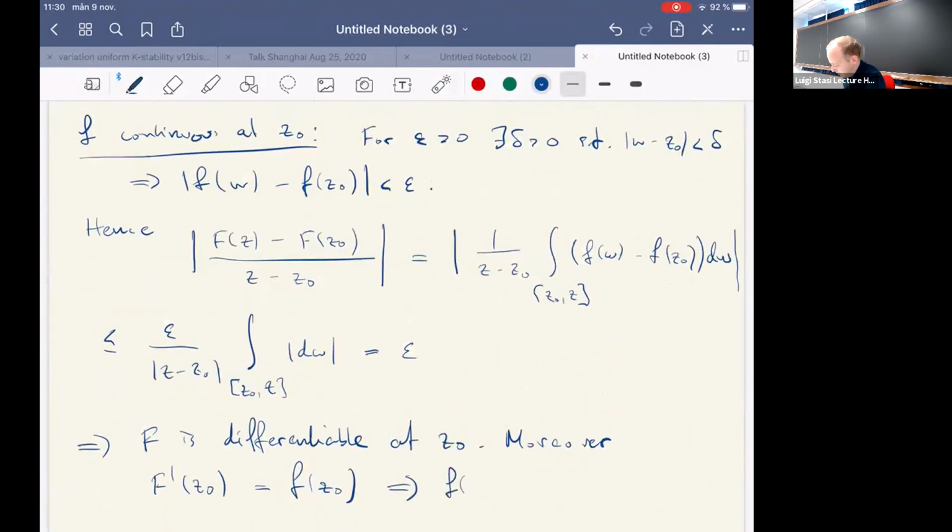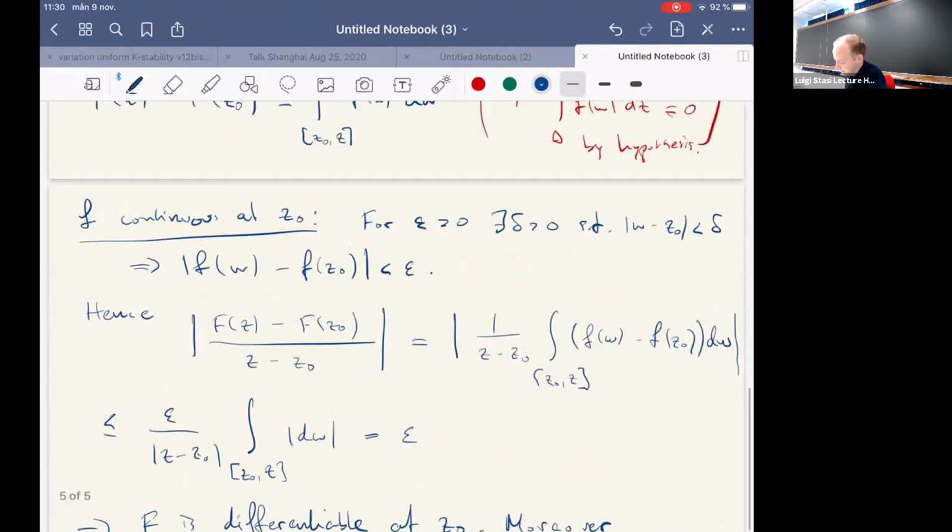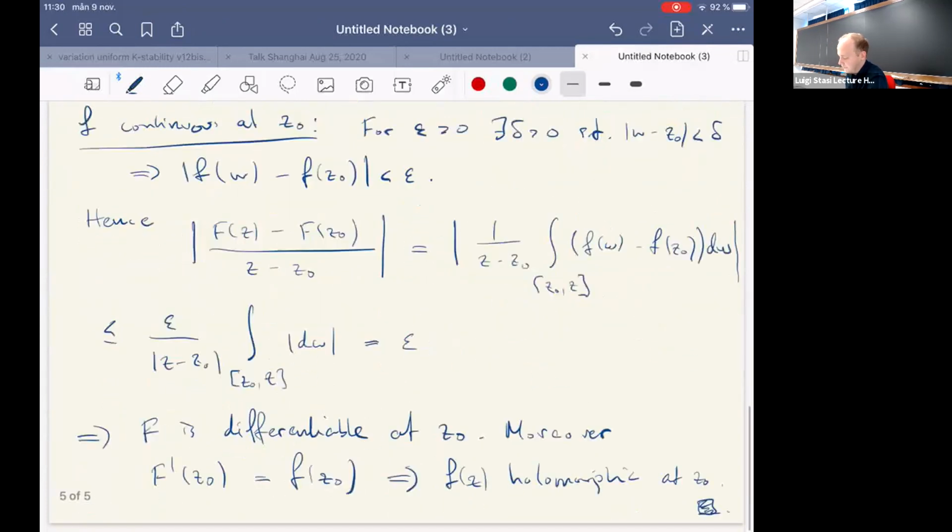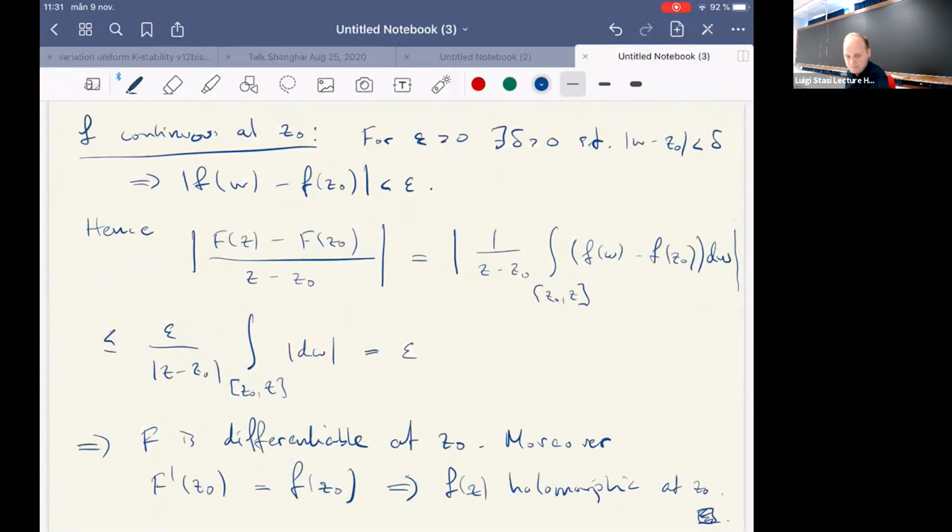So f of z is holomorphic. It's holomorphic at z0, so it's complex differentiable at z0, but this z0 was arbitrary, so we can do this local argument around any z0, and then we would be done. And this would then prove Morera's theorem. So it proves the converse.